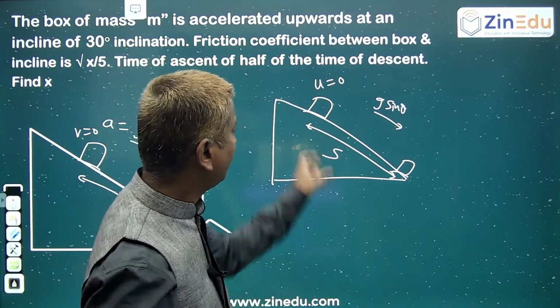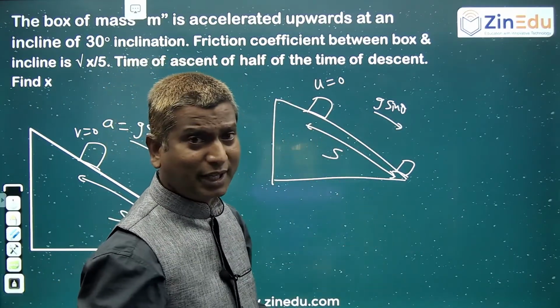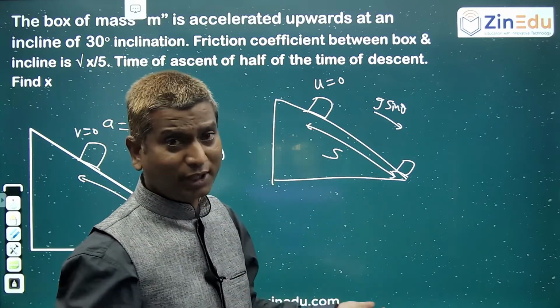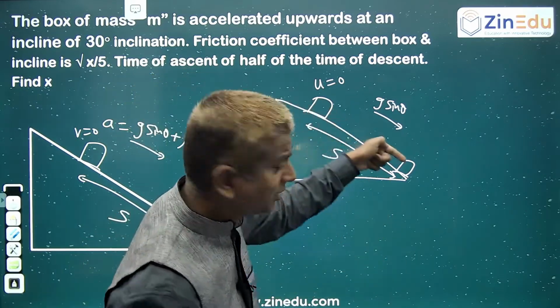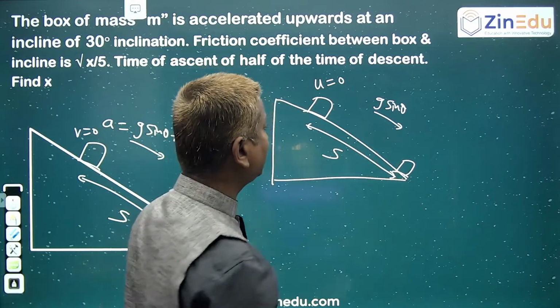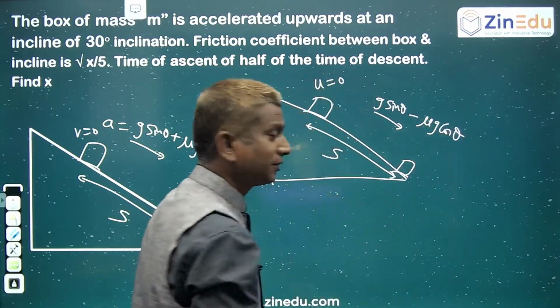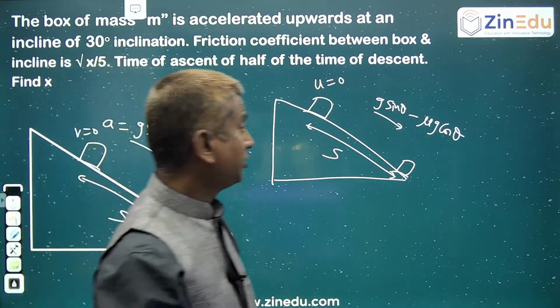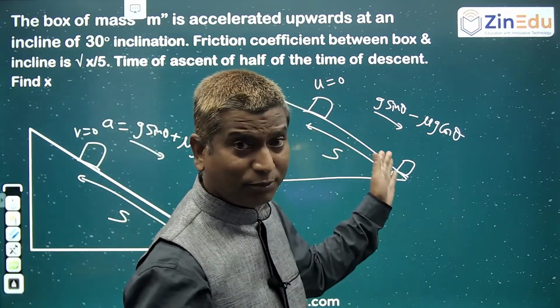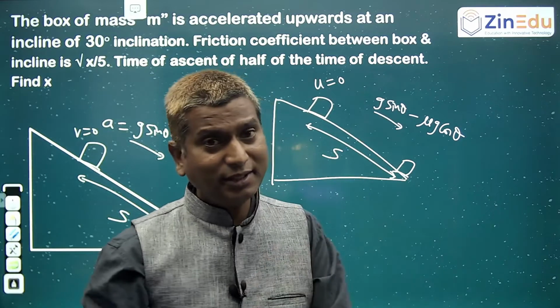Whenever it is coming down, the frictional force is always acting opposite to the relative motion, so the frictional force is upwards and g sin theta is downwards. We have a net acceleration of g sin theta minus mu g cos theta, correct? It is not just g sin theta, because if it were a smooth surface, then it would have a g sin theta acceleration.